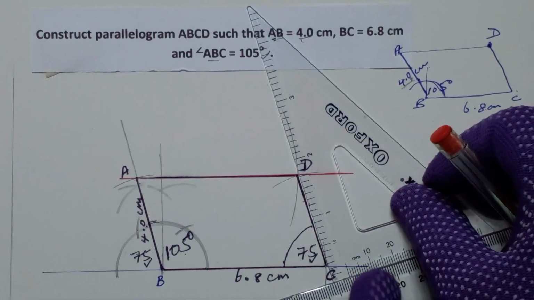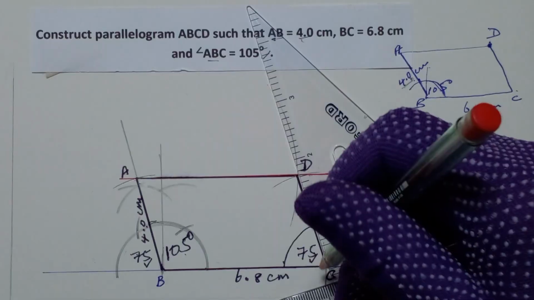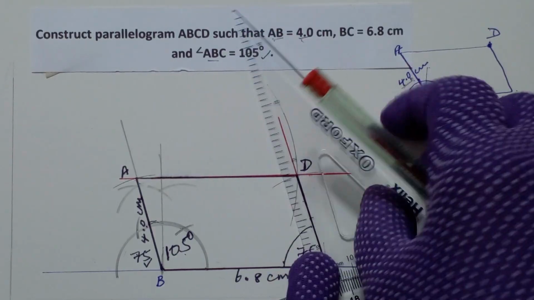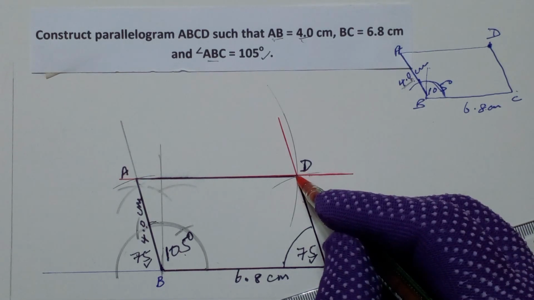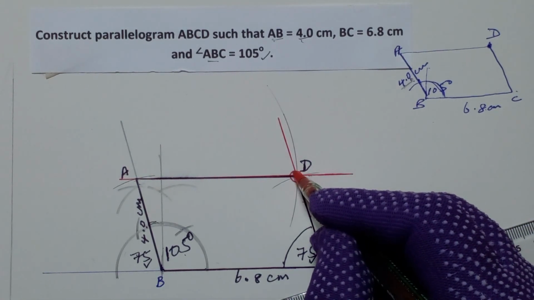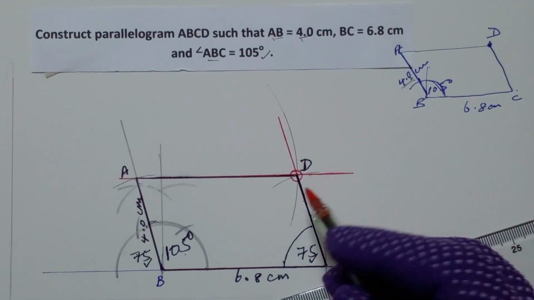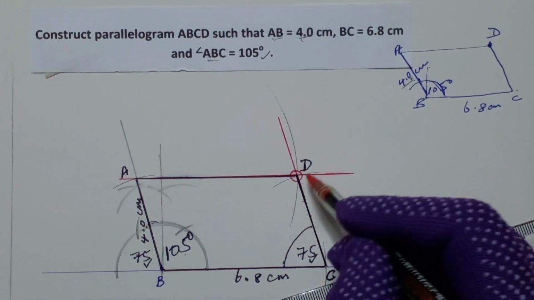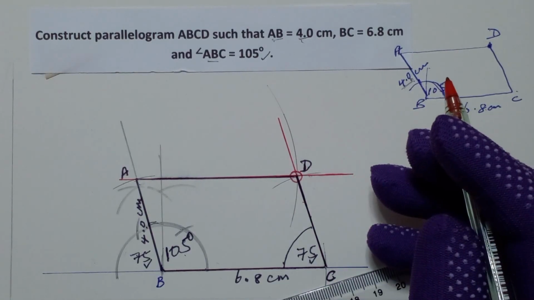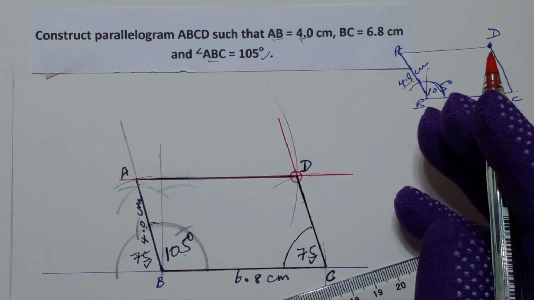Slide that until you reach C, then draw a light line here, a construction line. And where those two construction lines meet, as you can see there in red, that will be the point. So we have just looked at 3 ways to get this point here, D. Use whichever one is most convenient to you.